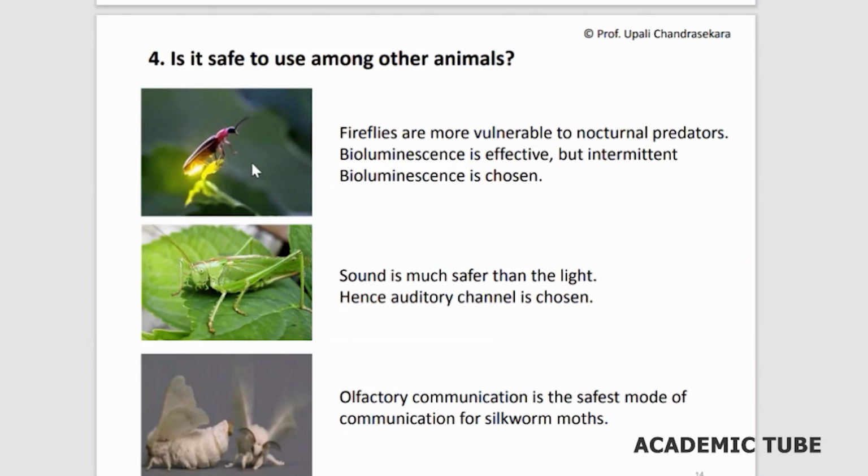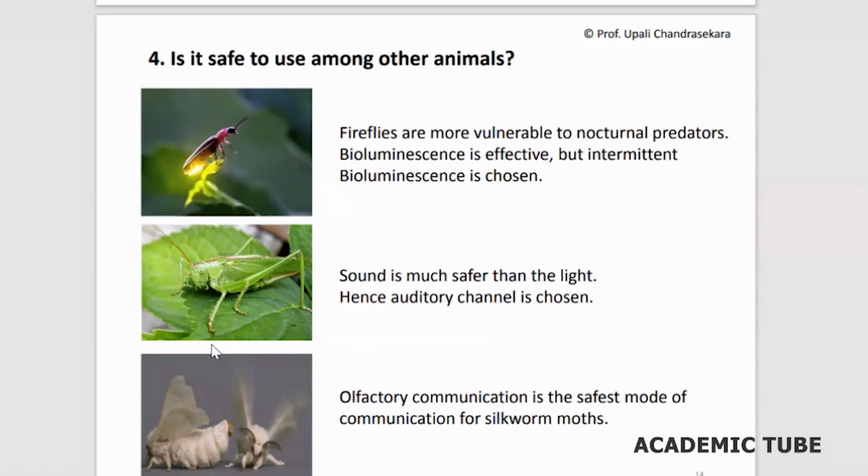So these animals, they select the light, but the light is used very wisely among the other enemies, and that wise usage is the intermittent use of bioluminescence. Right?